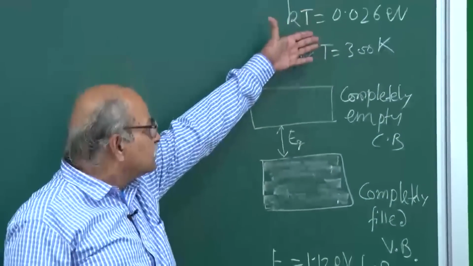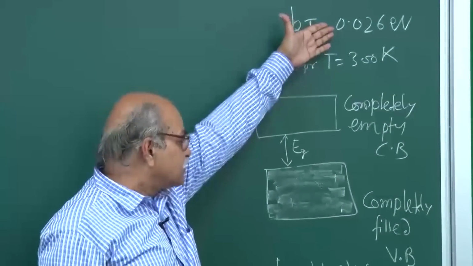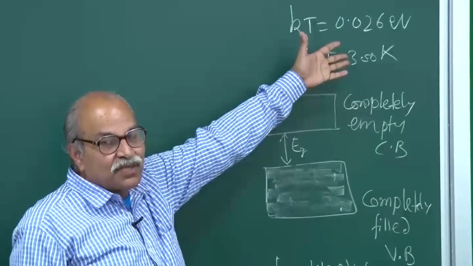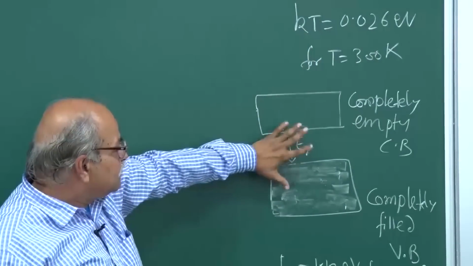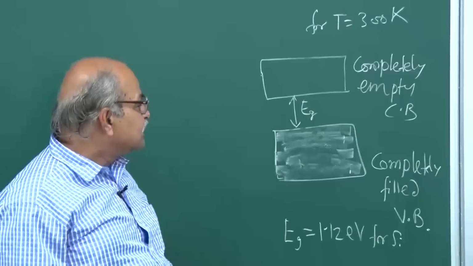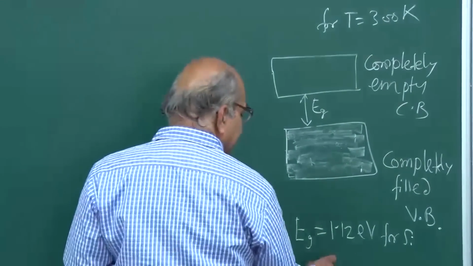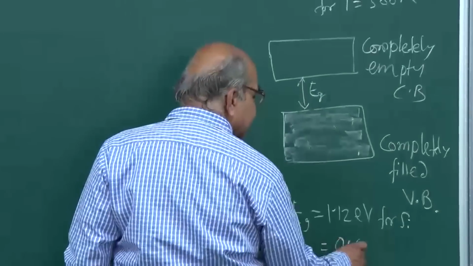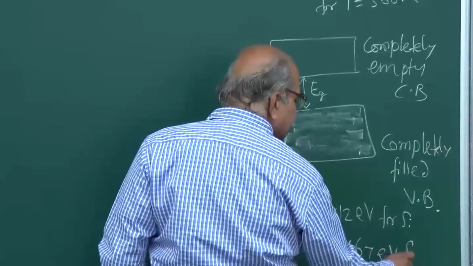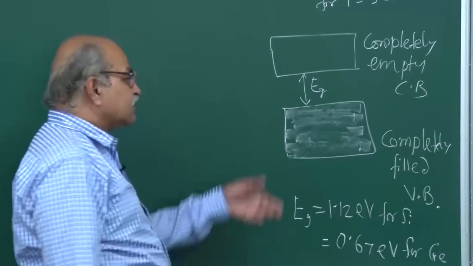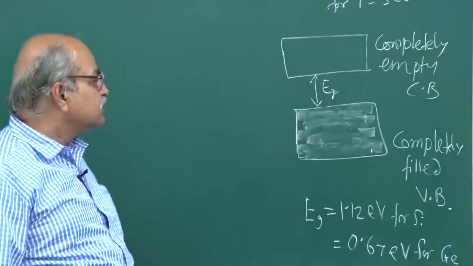Eg is surely larger than this, but it's not 100 times or 200 times. So, this kind of materials we call semiconductors. For germanium, this will be something like 0.67 eV. Other semiconductors will have their own gap.